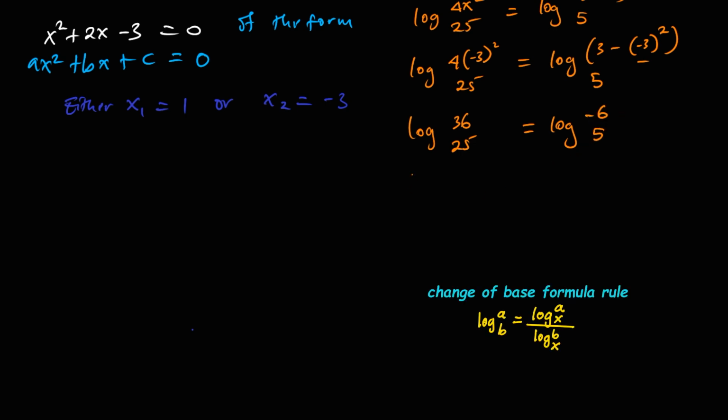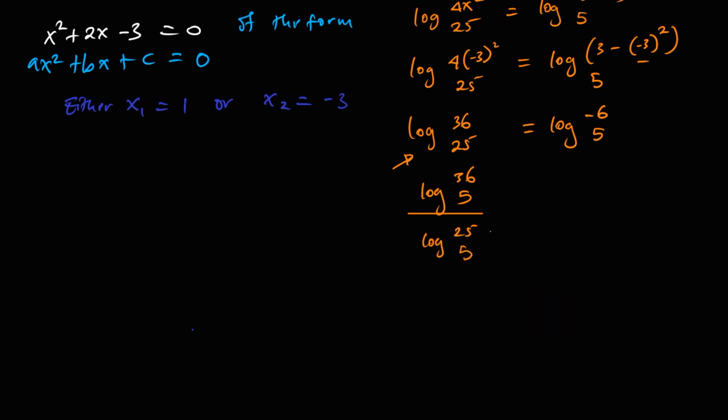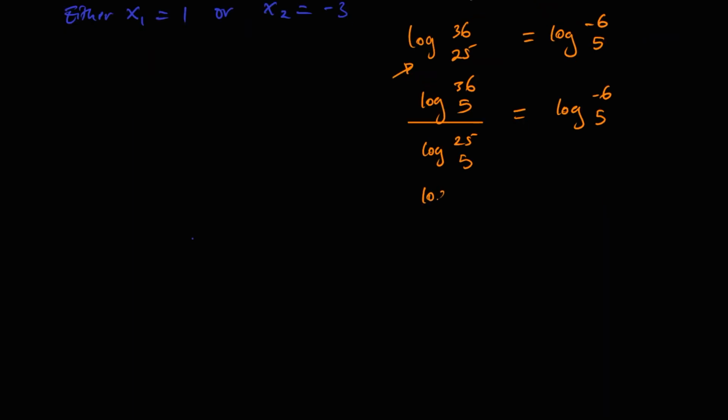Using the change of base formula rule, let's introduce a new base of 5 in this logarithm. So we have log of 36 base 5 divided by log of 25 to base 5 equals log of -6 base 5. And 25 is the same as 5 squared. This is log of 5 squared to base 5 equals log of -6 base 5.